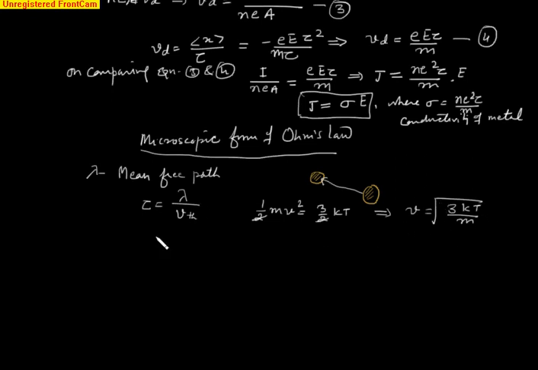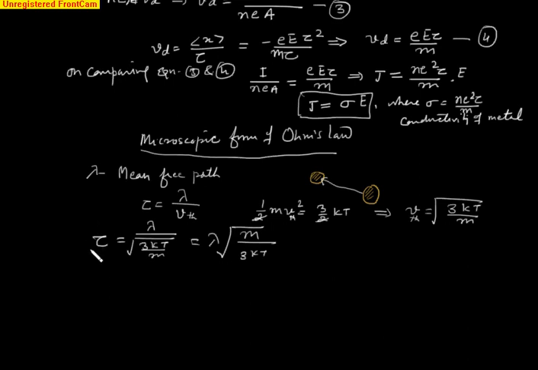Let us put this value of v, which is the thermal velocity, here, so we get tau equals lambda times the square root of 3kT over m, and it gives me lambda times the square root of m over 3kT. So this is the expression for it.